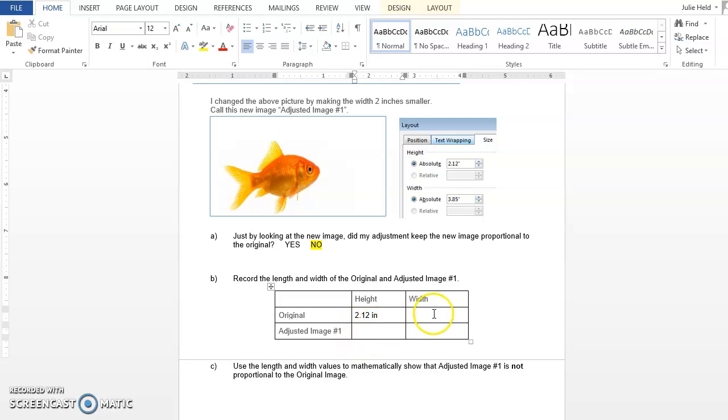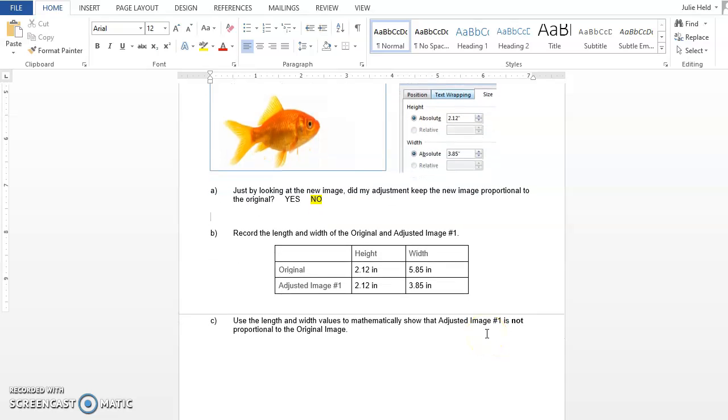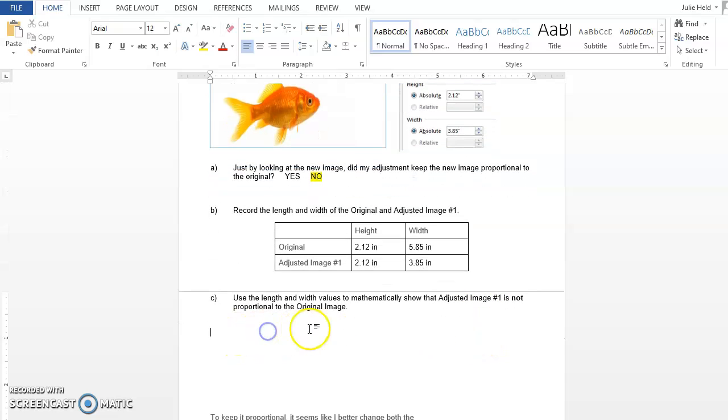The adjusted image had the same exact height, but the width was 2 inches shorter. We can tell that shortening it in one direction seems to be keeping it not in proportion. Now let's actually see the mathematics of that. That's the goal: use length and width to mathematically show that they're not proportional.